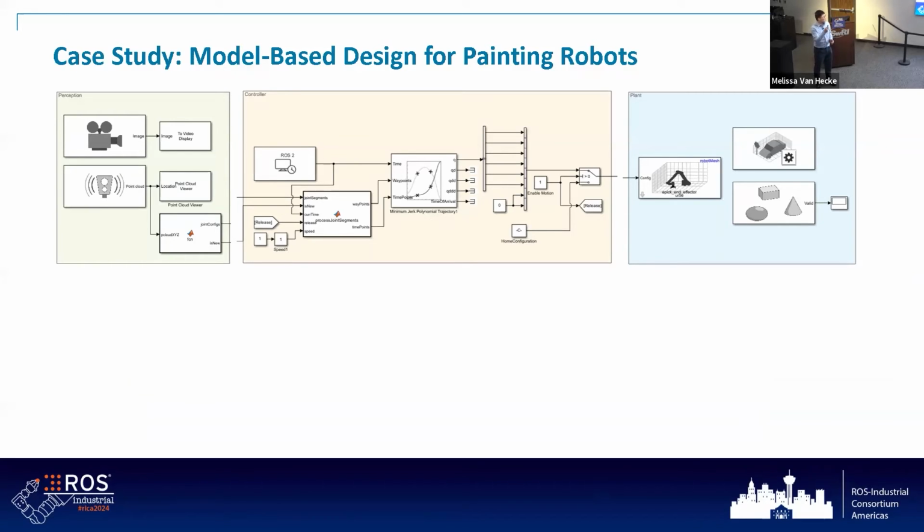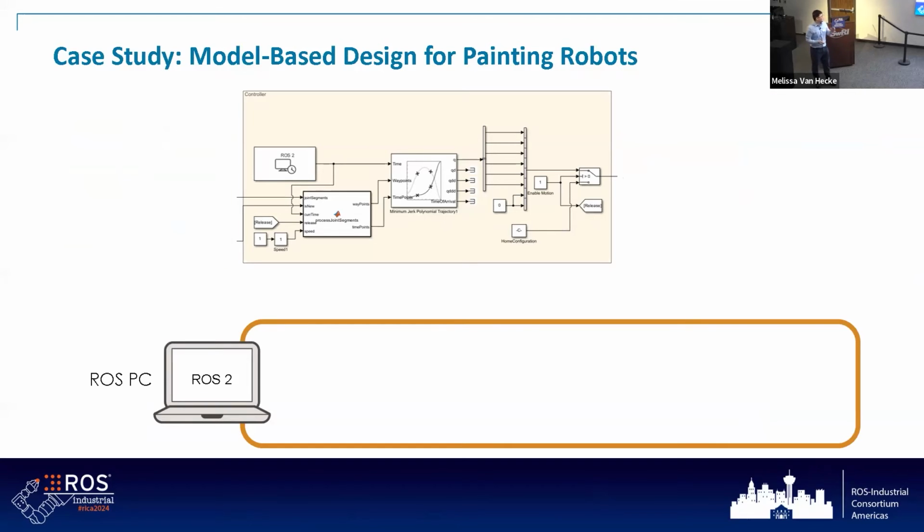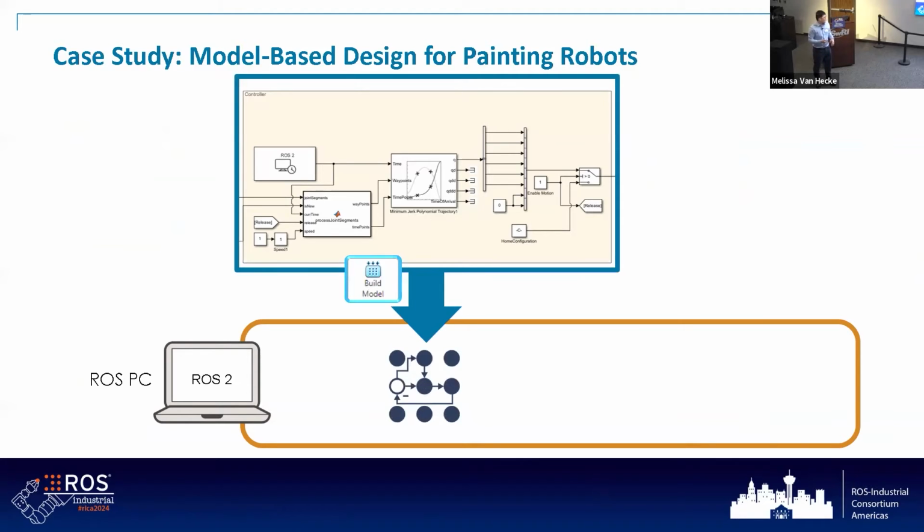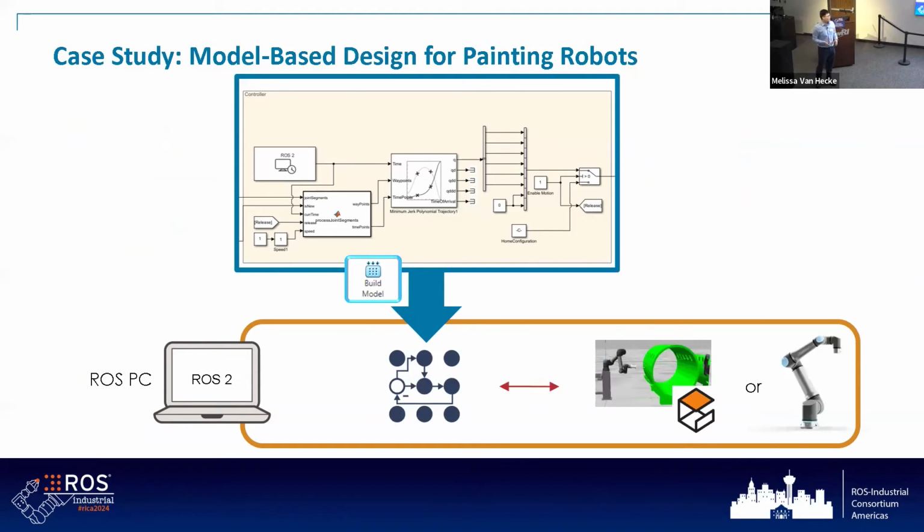Now, after we plan our controller, we want to get rid of the perception and the plant because this is the part we need to deploy to our actual device. When I talk about device, it can be either a simulator from Gazebo or other simulation platforms, or it can be an actual robot.